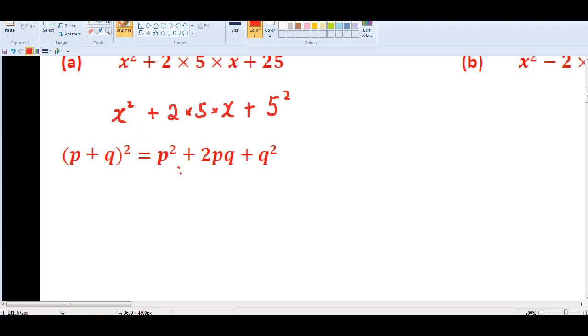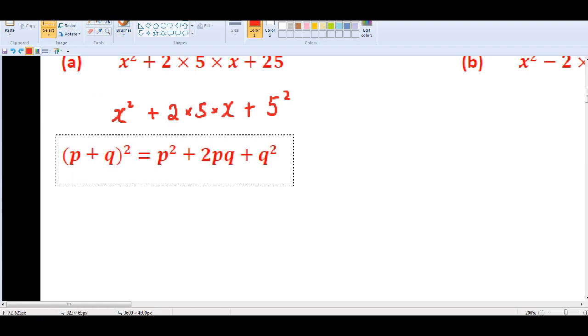That's x just like p, and you've got 2 and x here, so it's p, and you've got another 5, so 5 is actually q, followed by q squared, that is 5 squared. We've got 25 is 5 squared. If you've got this, what we call an identity, that means your expression can be factorized as (p + q) squared, right?